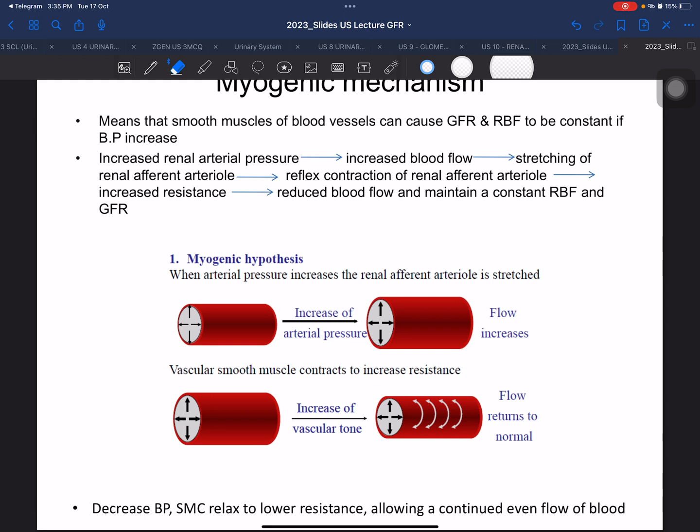So it leads to an increase of the resistance. With the increased resistance, it will reduce the blood flow and maintain a constant RPF and GFR. So it is through the control of the afferent arteriole, either they dilate or constrict the resistance. That is the myogenic mechanism.